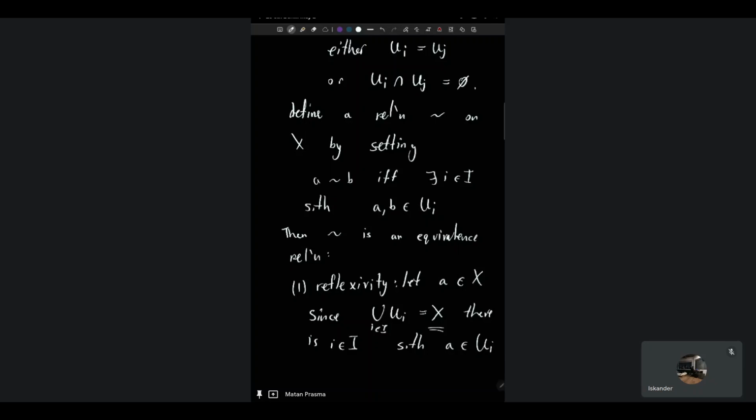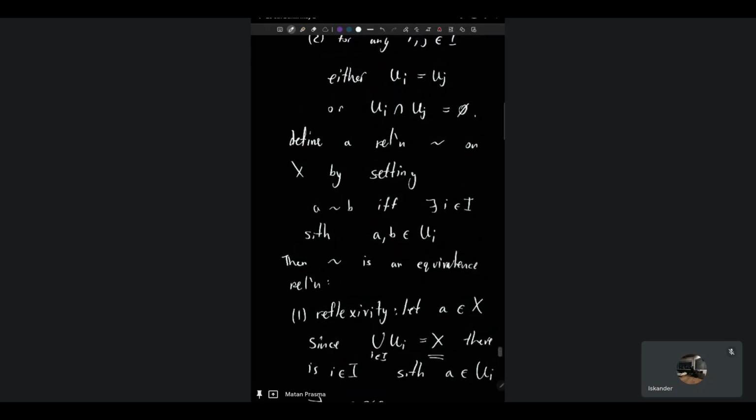Sorry? How is this reflexivity? So once I know that a belongs to U_i, then I know by the definition of the relation that a is equivalent to a, because the relation said a and b are equivalent if they belong to the same set U_i. So we take the pair a, a. Assuming we have that a is an element of U_i, obviously the other a is also an element of U_i, and by definition it means that a is equivalent to a.